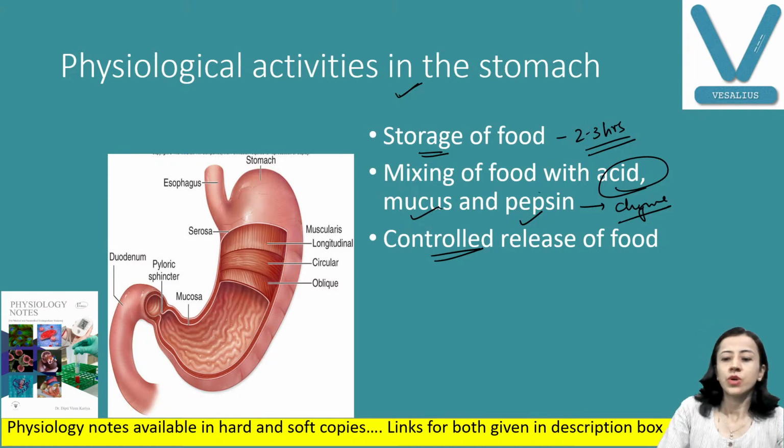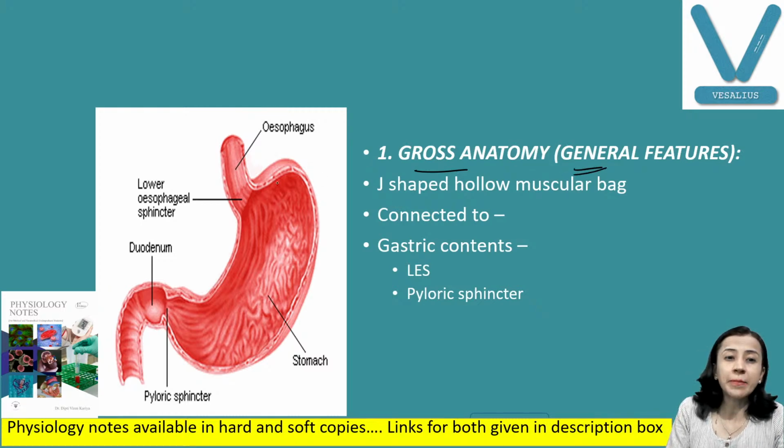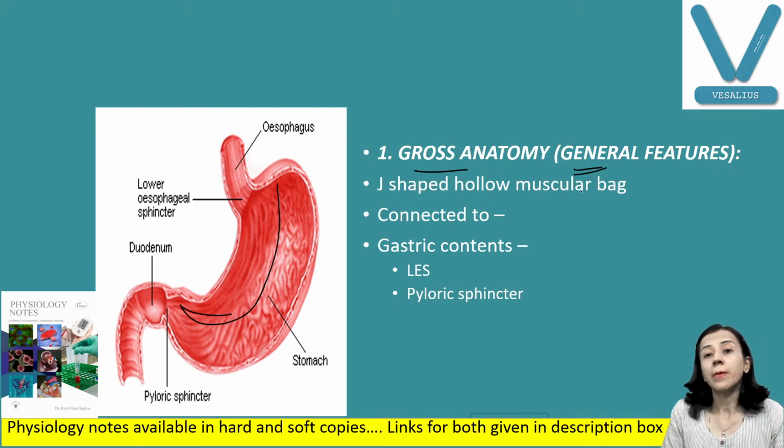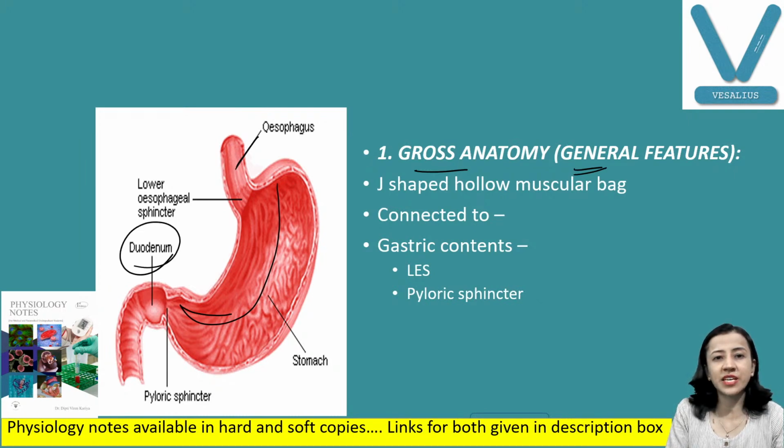Now we will discuss the gross anatomy, the general features of the stomach. You can see here, the stomach is a J-shaped muscular bag, and it is connected to the esophagus proximally and distally to the duodenum. So it lies between the esophagus and the duodenum.